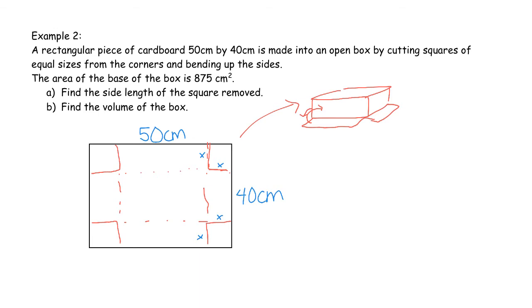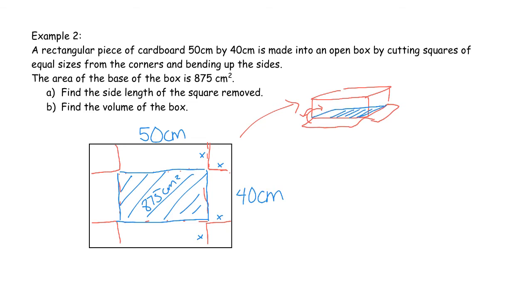And then the next piece of information in our question is that the area of the base of this box, so this area right here, is 875 centimeters squared. Okay, so that would be the area of the bottom of the box there. So again, we're looking to come up with an equation that allows us to use the information given.